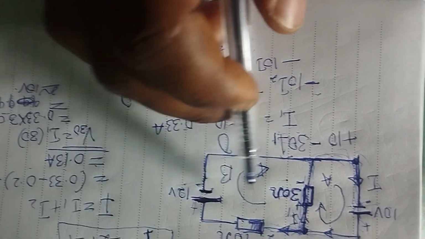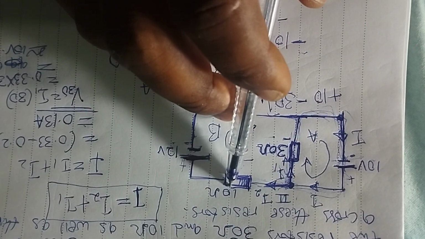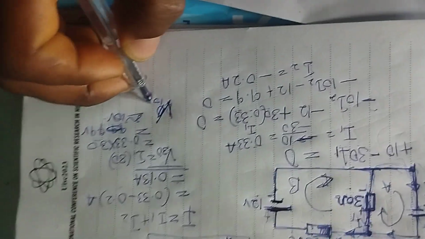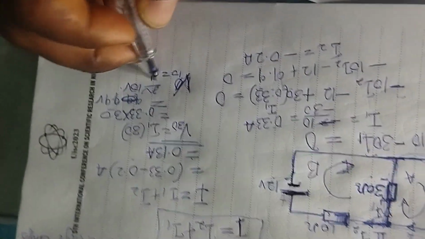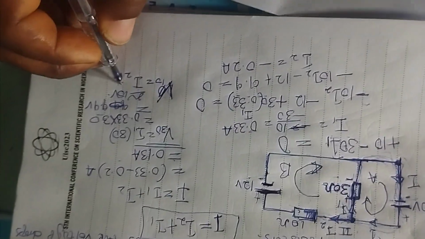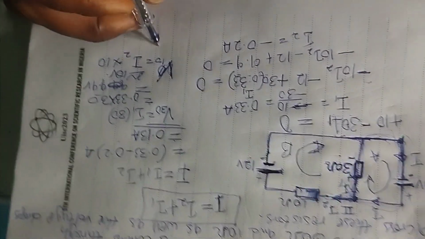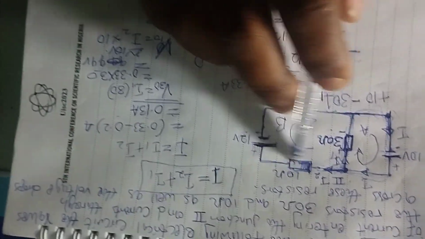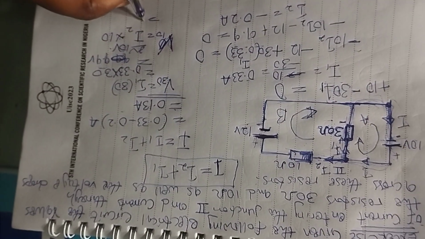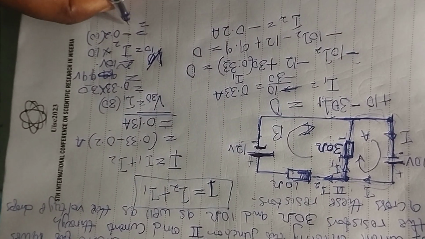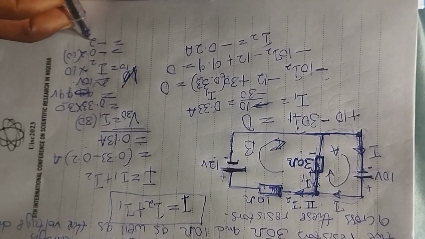The voltage drop across the 10 ohms resistor, I can write as V10, which is I2, because current I2 is passing through the 10 ohms, times the 10 ohms resistor. Because the voltage drop here is negative, I have minus 0.2 times 10, which is minus 2 volts.